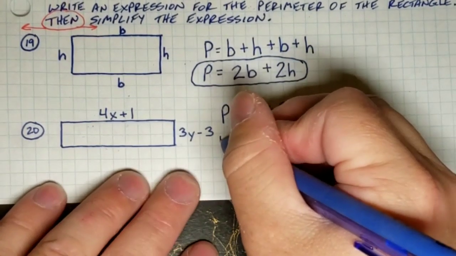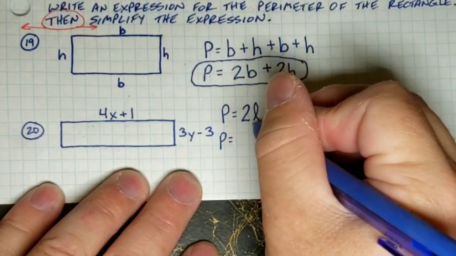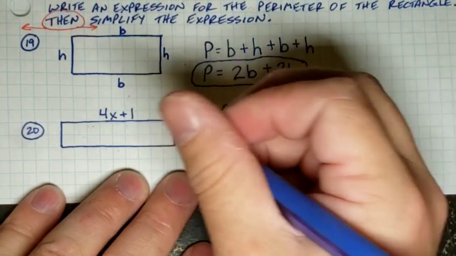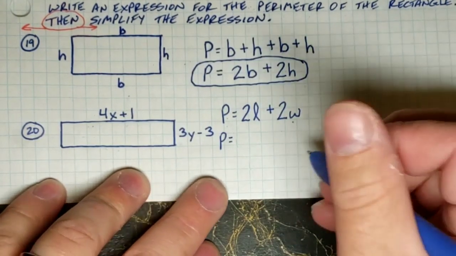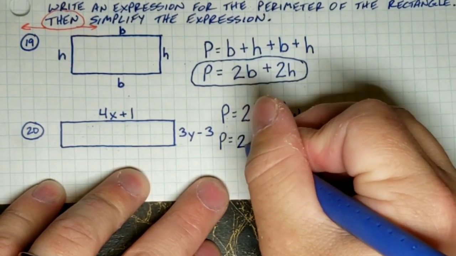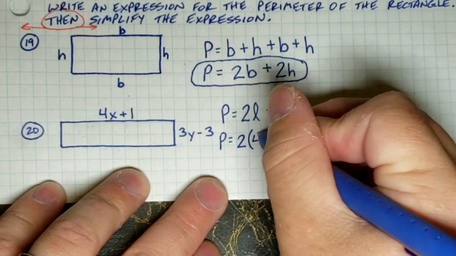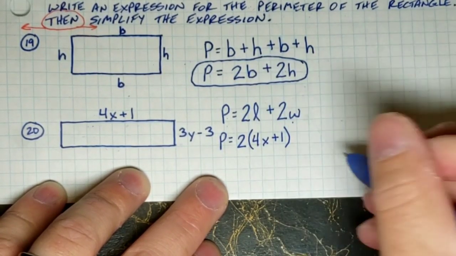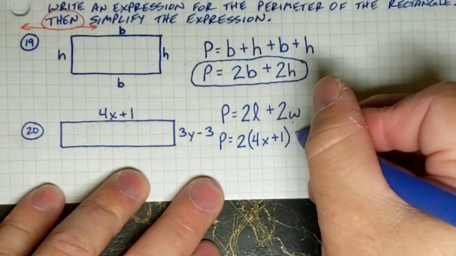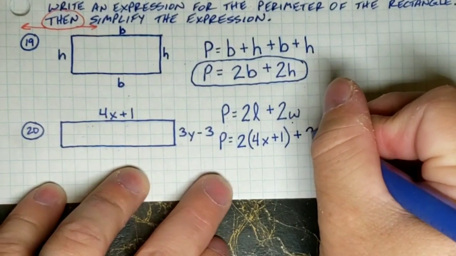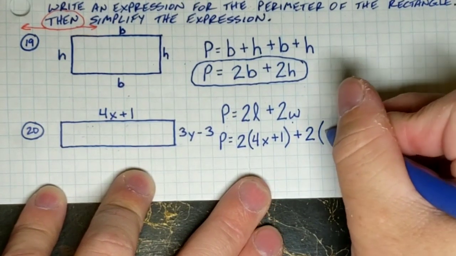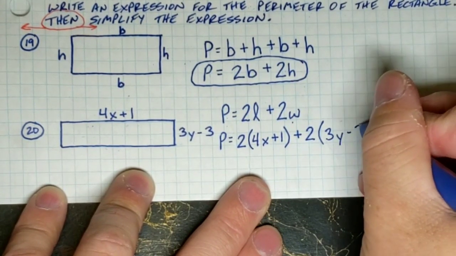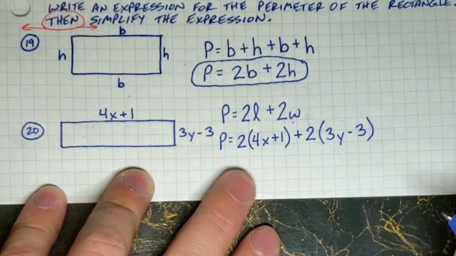All right, so doesn't matter which one's the length and which one is the width. I just normally use the longer one for the length. So we're going to do 2 times 4x plus 1. That's 2 times the length plus 2 times 3y minus 3. That's 2 times the width.